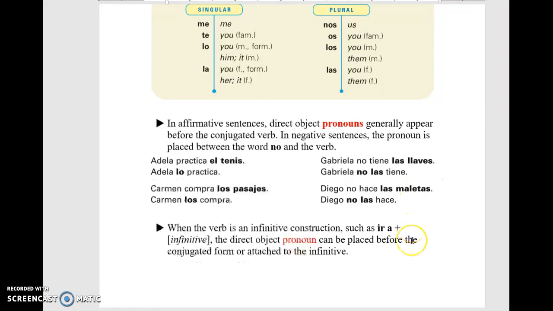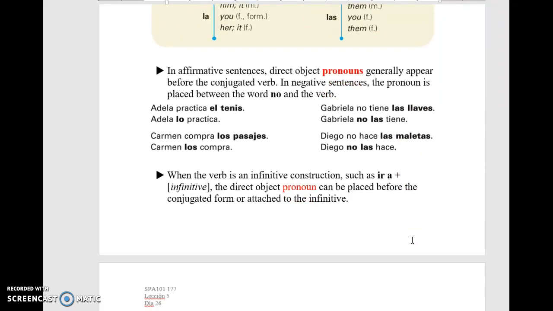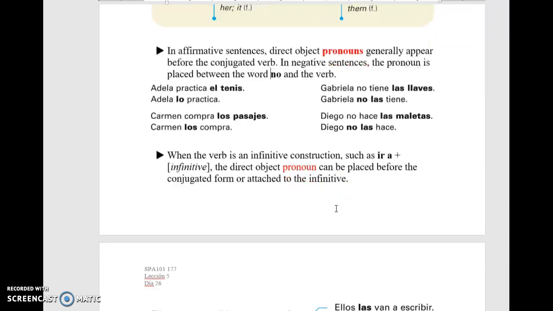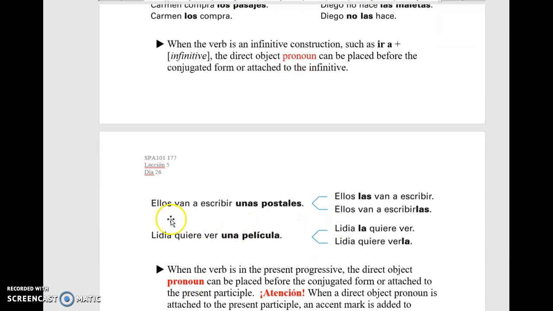Okay. However, we don't always have a conjugated verb. When a verb is in the infinitive construction, such as ir, a plus an infinitive, it can be placed before that conjugated form of ir or attached to the infinitive. So I look at it as if I have two verbs, I have two places to put it. So, ellos van a escribir unas postales.